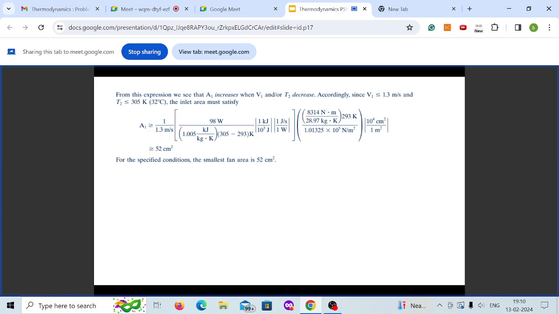But if your area increases, then for the same mass flow rate your velocity will go down, and the temperature can also come down, or for a given same velocity of air coming in, you can bring down the temperature. So your area should be greater than or equal to 52 centimeter square.